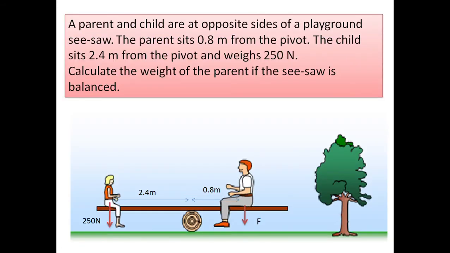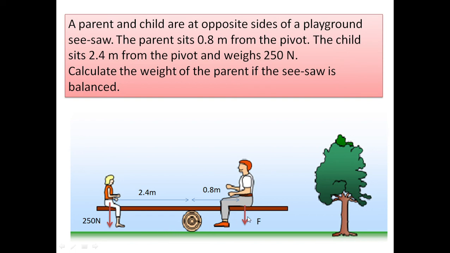Another example is given here. A parent and a child are at opposite sides of a playground seesaw. The parent sits 0.8 meters from the pivot. The child sits 2.4 meters from the pivot and weighs 250 Newton.